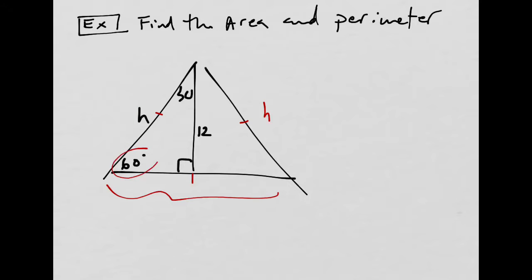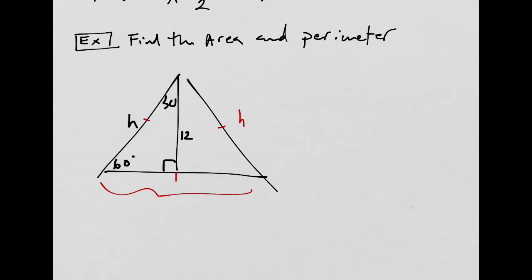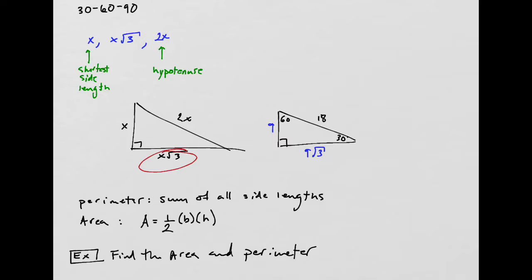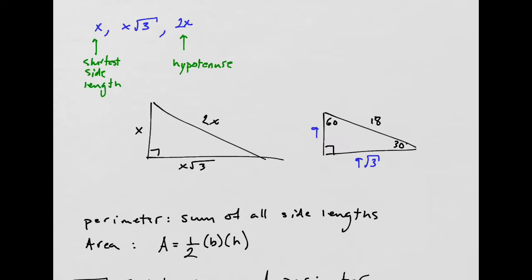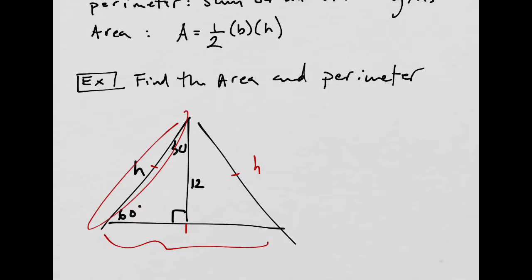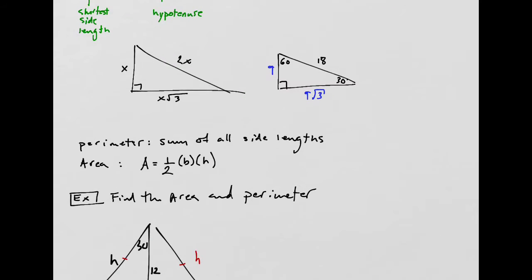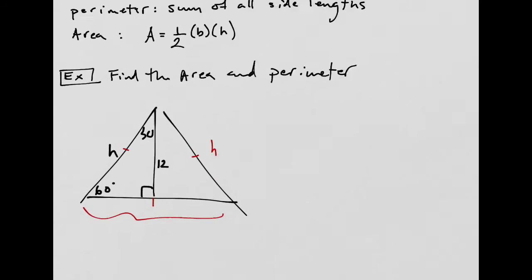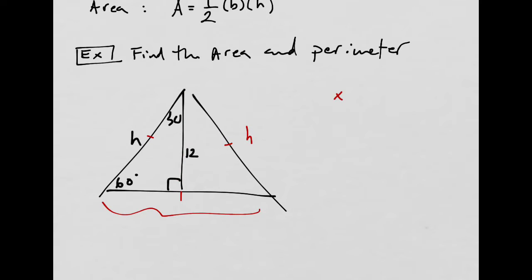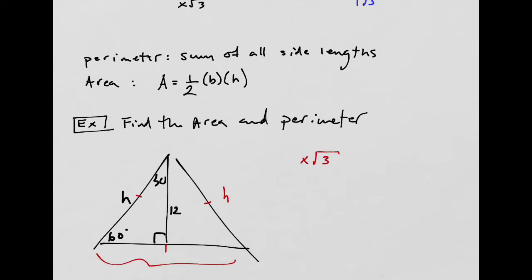And I see that it's a 30, 60, 90 triangle, and the longer side is 12. This is the longer leg, not the longest side. The longest side is the hypotenuse, which is H. So I'm going to try and fit this to that. That means 12 has to equal some number x times the square root of 3.